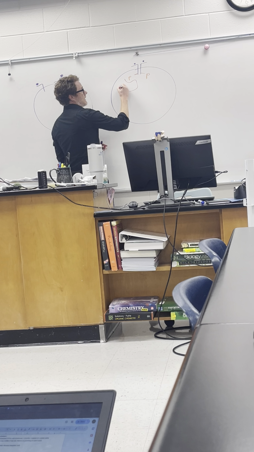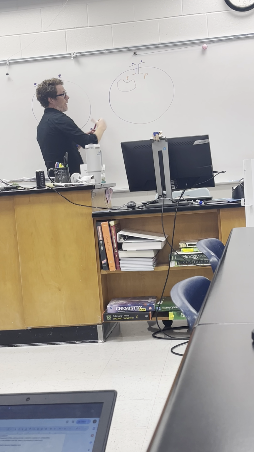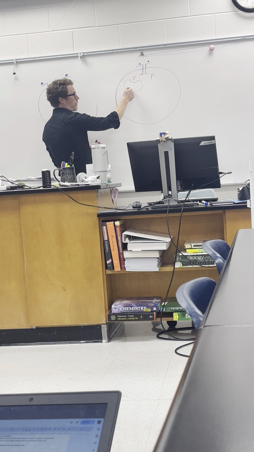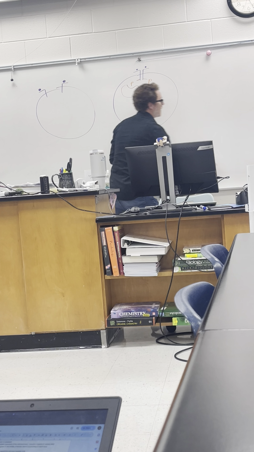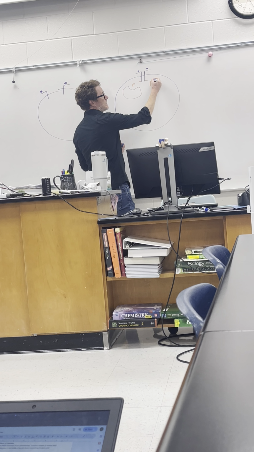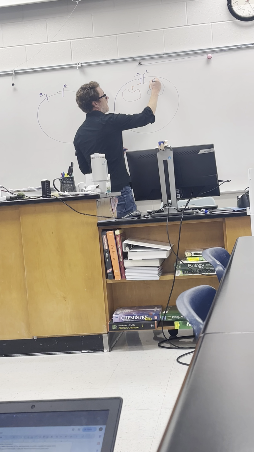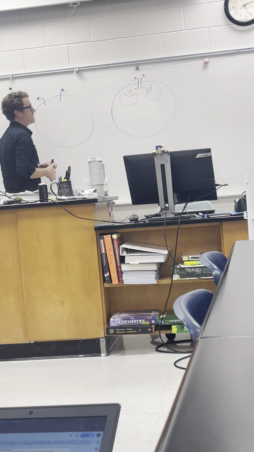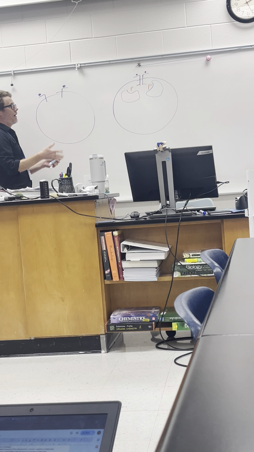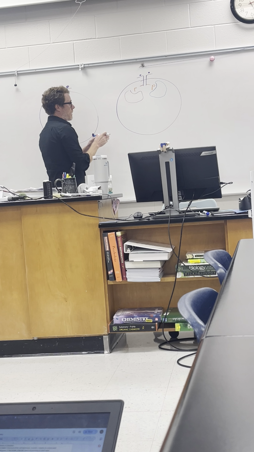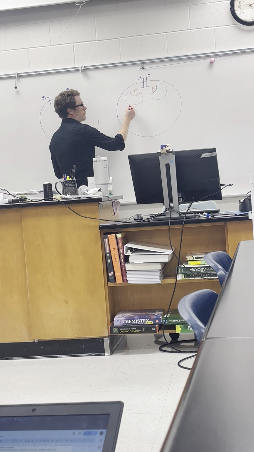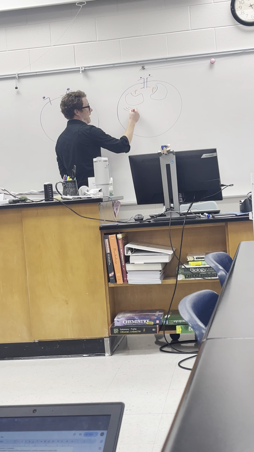Once these RTKs become phosphorylated on the cytoplasmic side, proteins can attach to those phosphate groups. They sort of serve as docking sites. And these proteins can now change shape and become active. So this protein might trigger a kinase cascade.